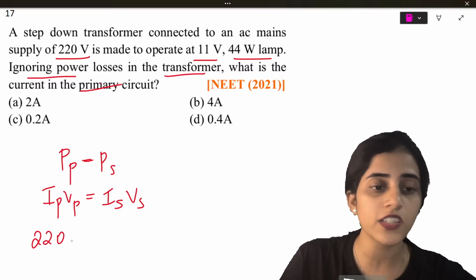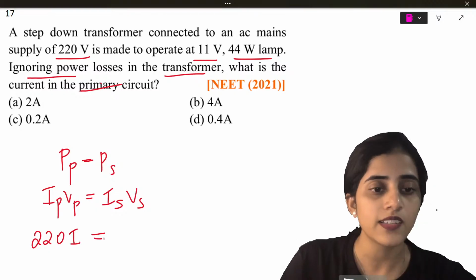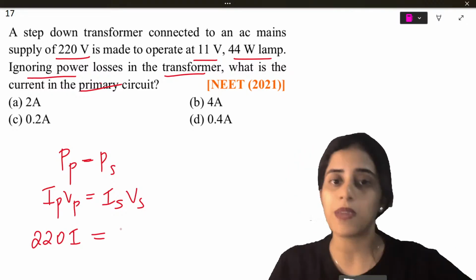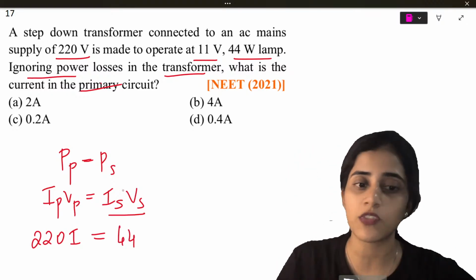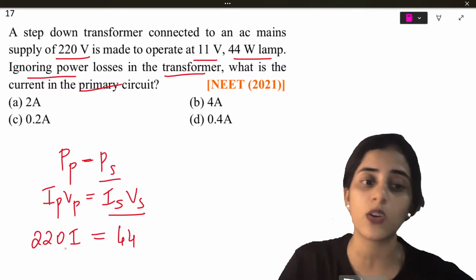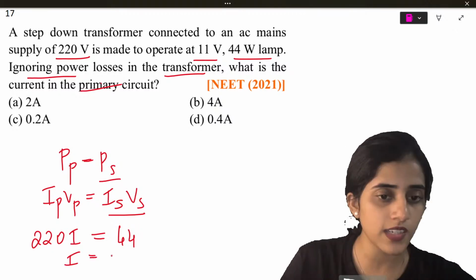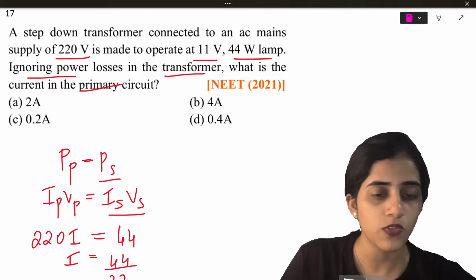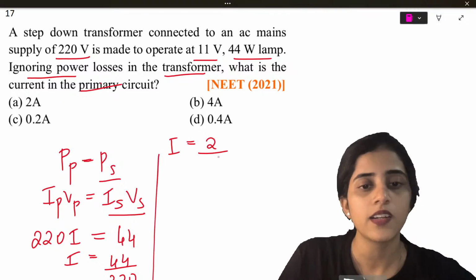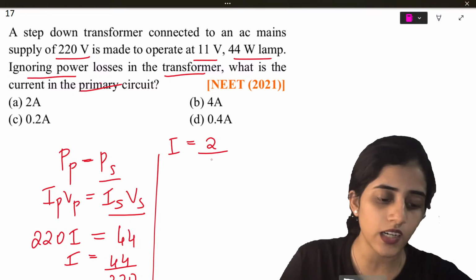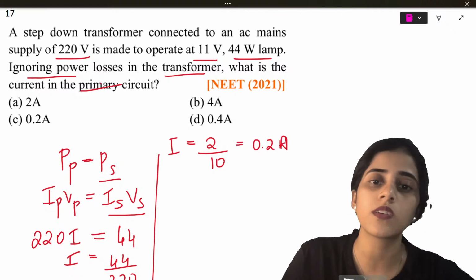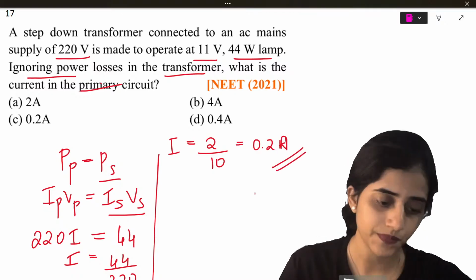Voltage is 220 times current is equal to IS into VS, which is PS, which is 44. Yes, 44 watt is the output power. So what is the current now? 44 by 220. So current is equal to 2 by 10, which is 0.2 amps.